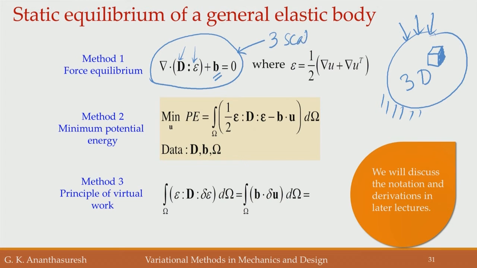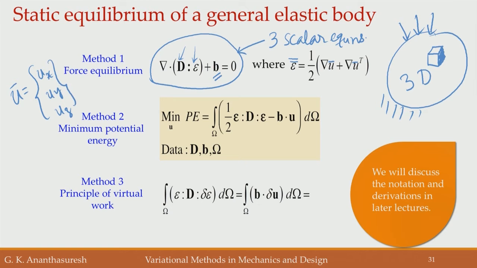There are 3 scalar equations because you have that many functions that you need to solve. At every point there will be u, which is actually a vector, and this will be the strain tensor. That u, when I write it like a vector, has 3 components: ux, uy and uz.